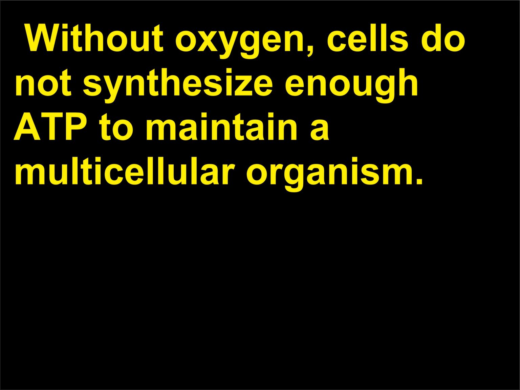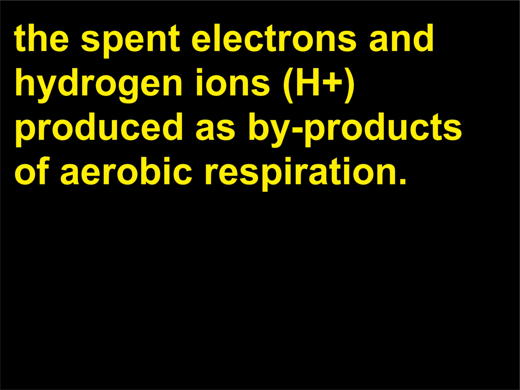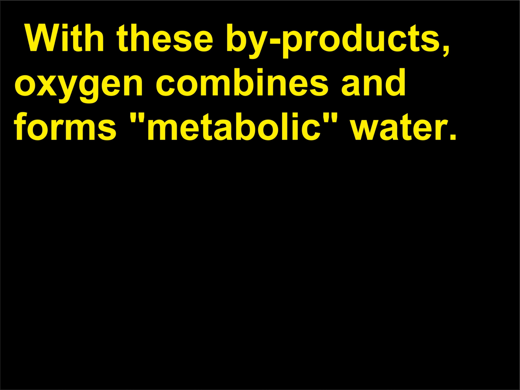Without oxygen, cells do not synthesize enough ATP to maintain a multicellular organism. Most people think that we need oxygen to breathe, but actually we need oxygen to recycle the spent electrons and hydrogen ions, H+, produced as byproducts of aerobic respiration. With these byproducts, oxygen combines and forms metabolic water.